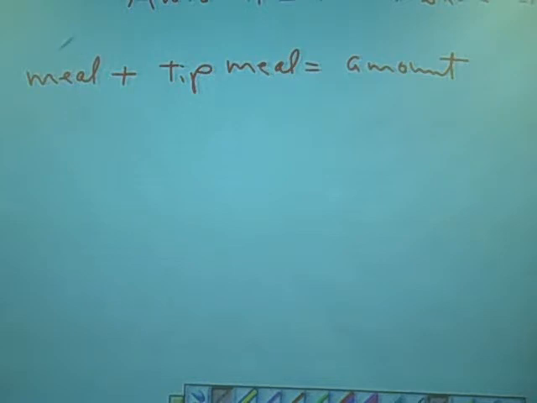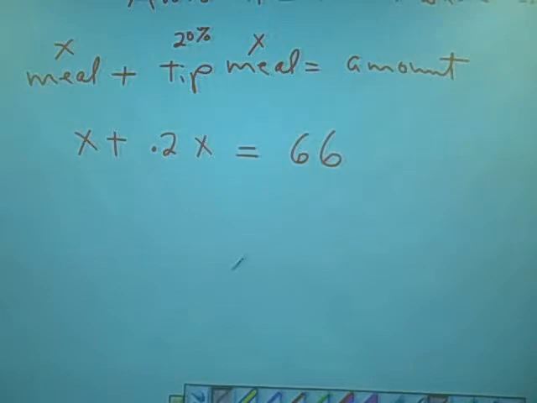We don't know what the meal is, that's going to be X. So what we're looking at here is X plus, he wants to tip 20%, so that would be 0.2 times the meal, X, equals the amount he can afford, up to but no more than 66 dollars.